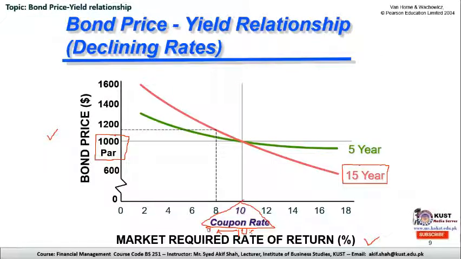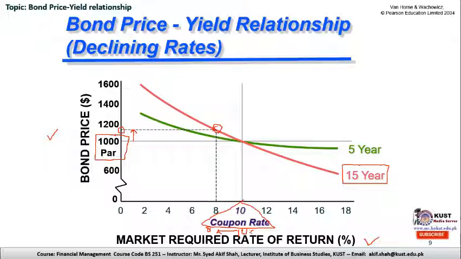When the market required rate of return falls, we can see the dotted line and try to find the intersection point. Here is the position where the market required rate of return intersects with the bond price, and we can see that this bond price will jump from $1,000 in an upward direction.